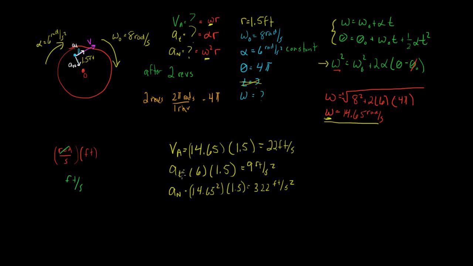The same thing happens with the tangential and normal accelerations. We have radians per second squared times a feet, and the radian cancels out because it's dimensionless, and that's why we just get feet per second squared.